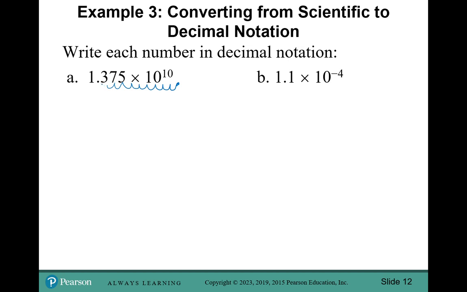Oops. Let me try this again. My pen jumped on me. So let's try this again, just to make it clear. 1, 2, 3, 4, 5, 6, 7, 8, 9, 10. Technically, every place that doesn't already include a number would be an additional 0.